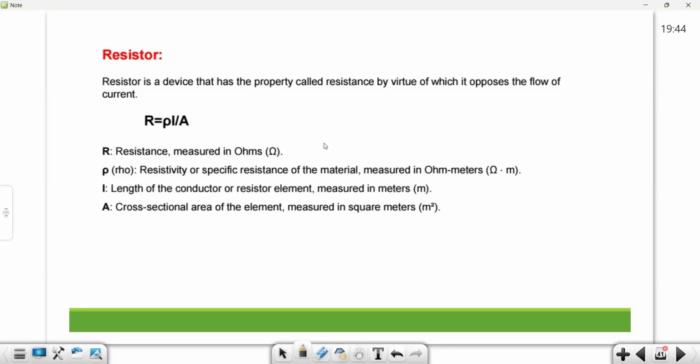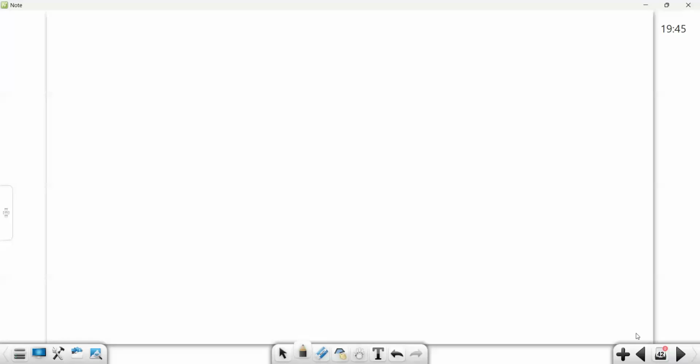Why does the material possess resistance? Can anybody tell? The material is having a resistance, it's fine, but why will it have? See, why do materials possess resistance?